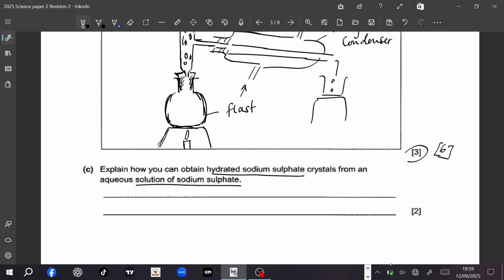What you do is you evaporate the aqueous solution of sodium sulfate to saturation and crystallize it.